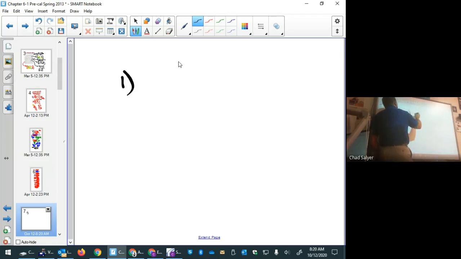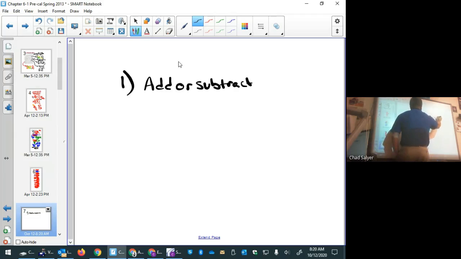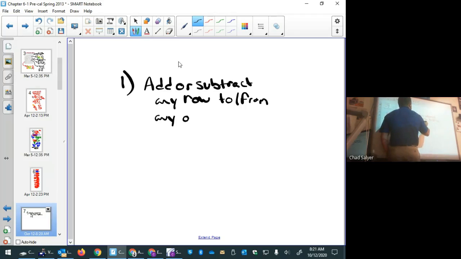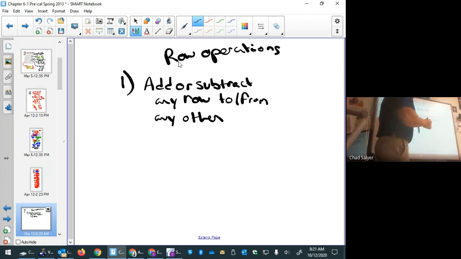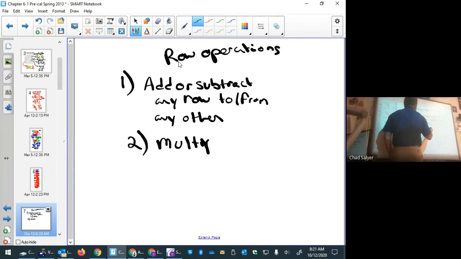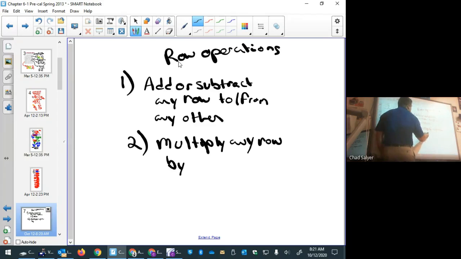The first type of row operation is I can add or subtract any row to or from any other in a matrix that is representative of the system. The second rule is I can multiply any row by a constant.